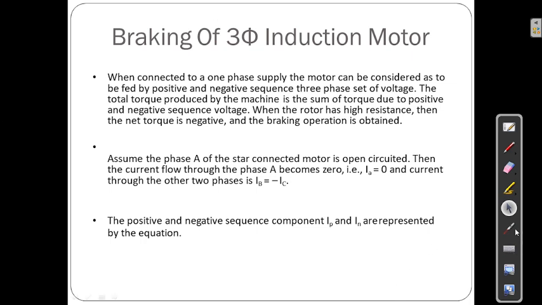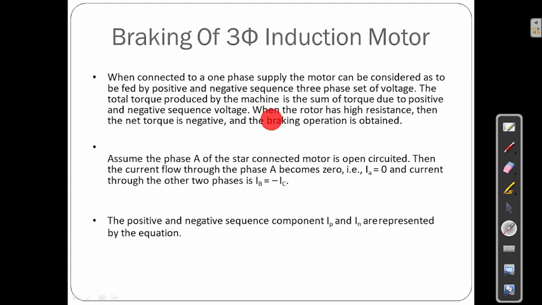When connected to a one phase supply, the motor can be considered as fed by the positive and negative sequence three-phase set of voltage. The total torque produced by the machine is the sum of torque due to positive and negative sequence.